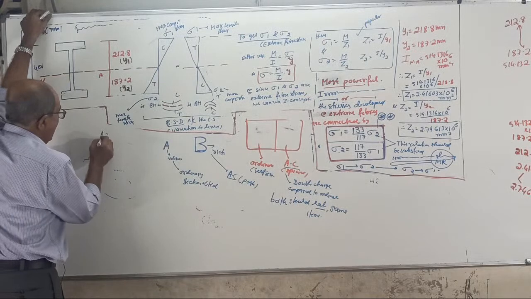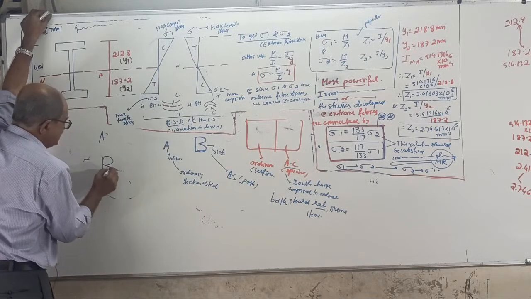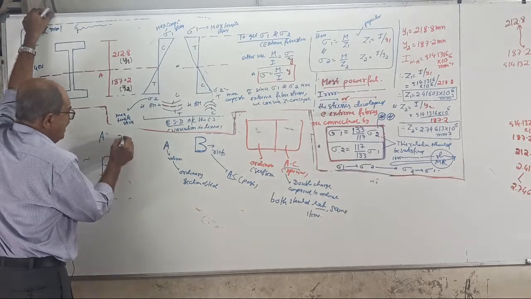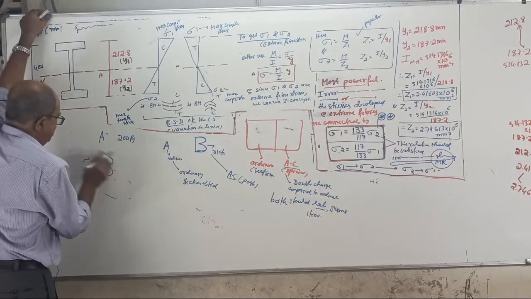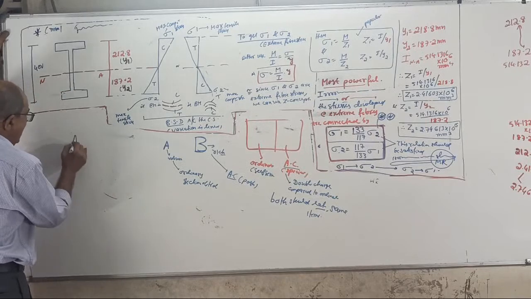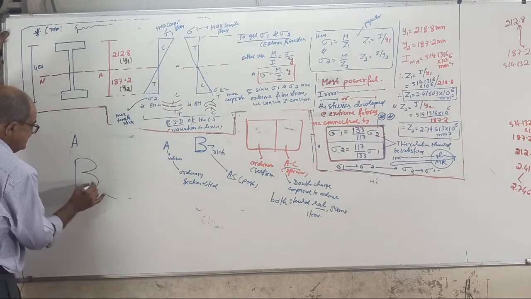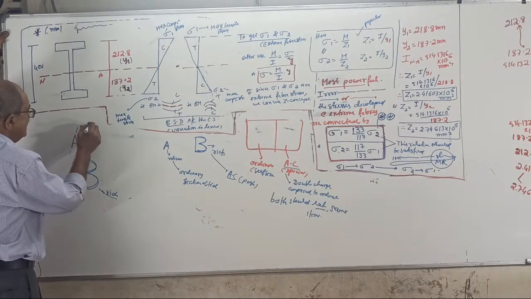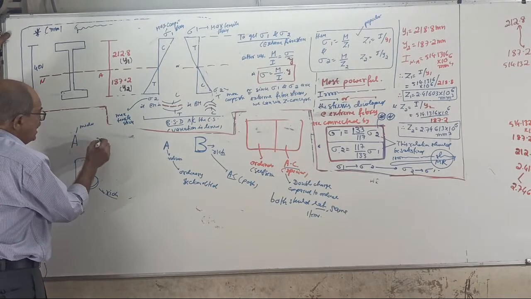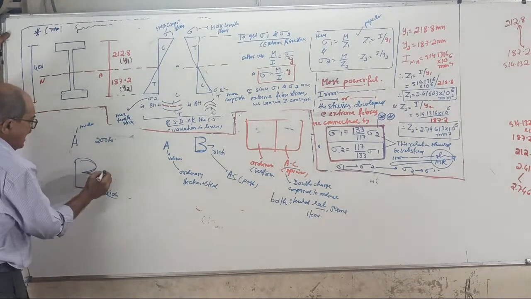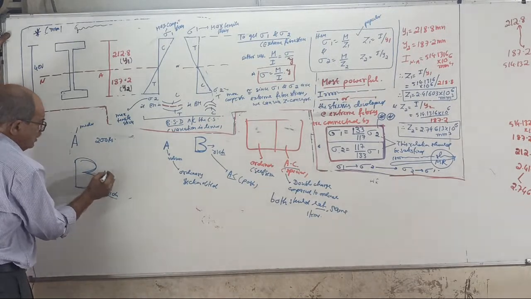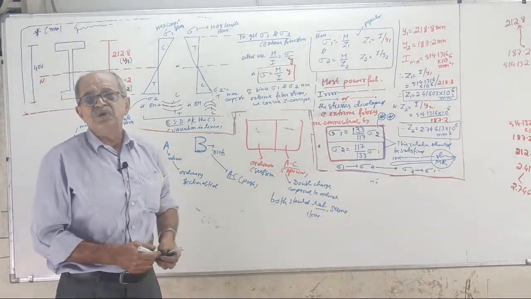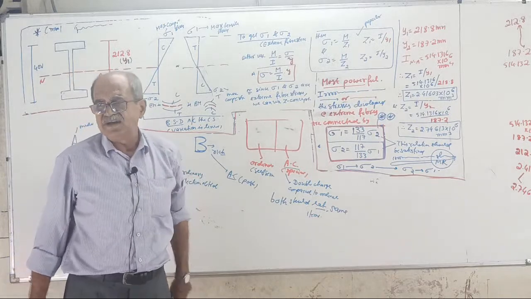See here, A and B. How much money are they having? B is rich, A is middle class. A has 200 rupees and B has, say, 1000 rupees. Tell me, what is the maximum money A can spend? Fast answer.